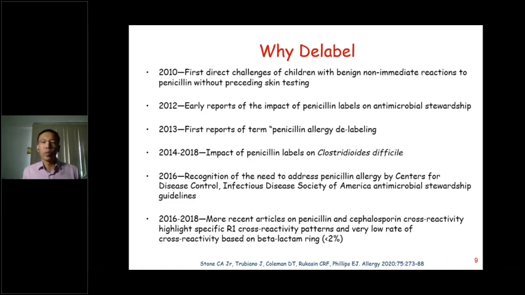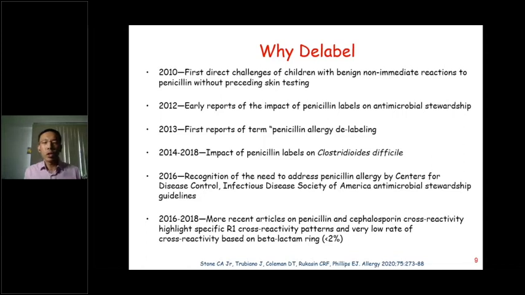So this was brought about by guidelines which arose from the CDC as well as the Infectious Diseases Society of America on the role of perhaps having various programs to delabel a penicillin allergy as part of antimicrobial stewardship projects.